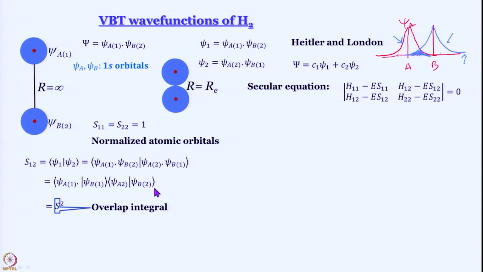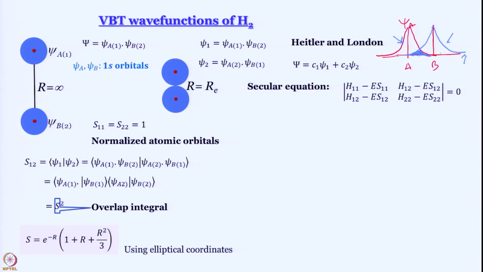It is not very difficult to see from what we discussed just now that the overlap integral is going to depend on R, is going to be 0 at a very large separation, and for the 1s orbital it is going to be maximum at a separation of 0, capital R equal to 0. Using elliptical coordinates one can work out an expression, which is given as a problem in Macquarrie's book.